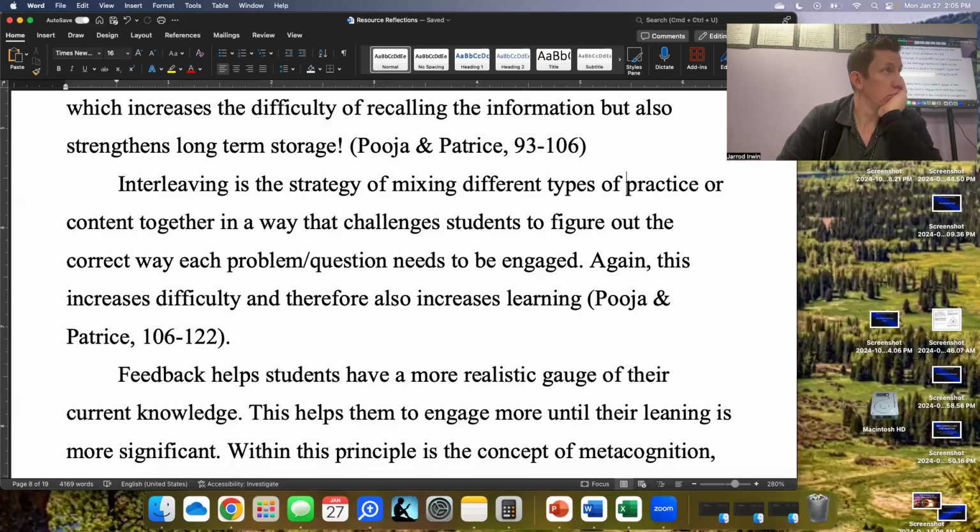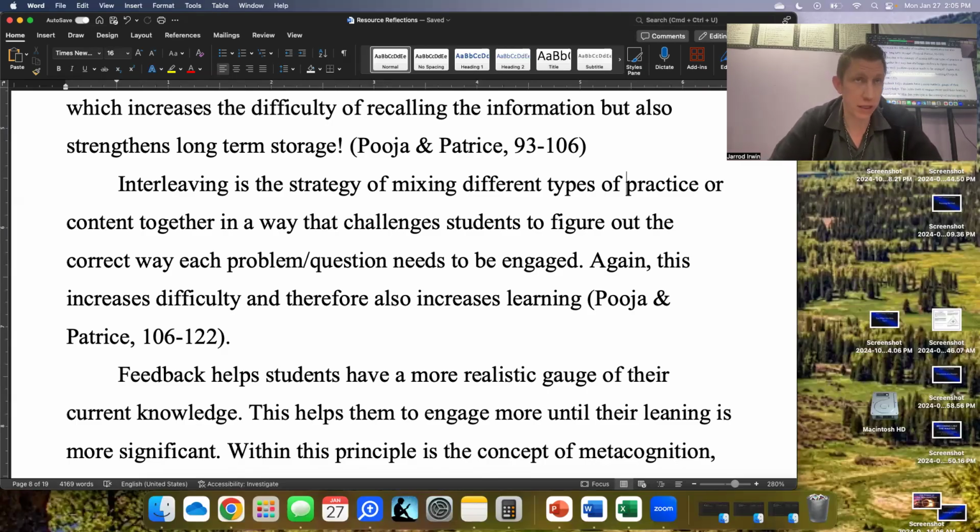Nope. The classic example that I gave last time is, let's say you're doing math and you have a mix of addition, subtraction, multiplication, division, all mixed together. Let's say a third grader is having to think, okay, now what do I do for long division again?